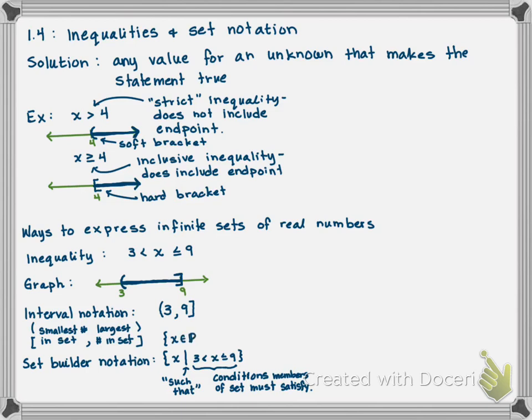In general, we usually say what set x is a part of. So the biggest set of numbers is the complex numbers. It includes all the real numbers and all the complex numbers. In general, we usually say x is a real number or x is a rational number or what have you at the beginning. So it tells us the general set that it's part of and then those restrictions.